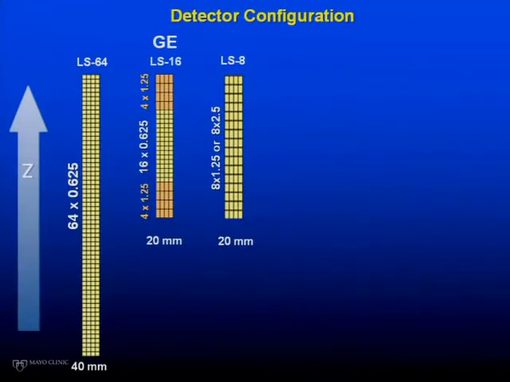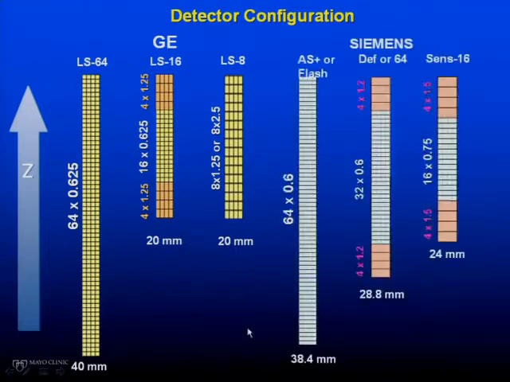Detector configuration. Here are examples of detector configurations for GE scanners. For the LightSpeed VCT and HD750, the detector configuration is 64 by 0.625 with a longitudinal coverage of 4 centimeters. And for Siemens scanners, the AS+ or the Flash scanner, they have similar detector configurations, 64 by 0.6 with a longitudinal coverage of almost 4 centimeters.